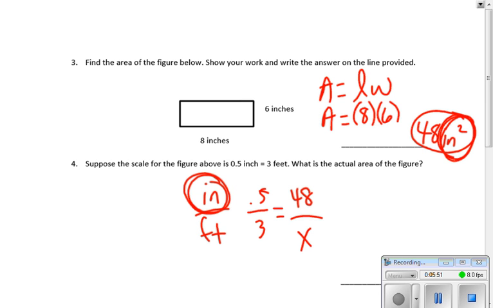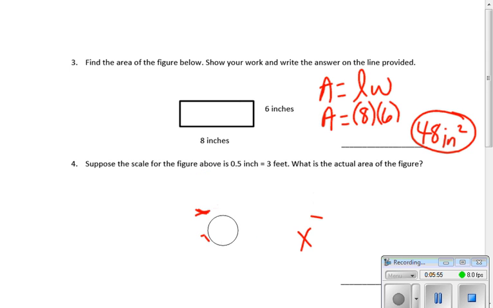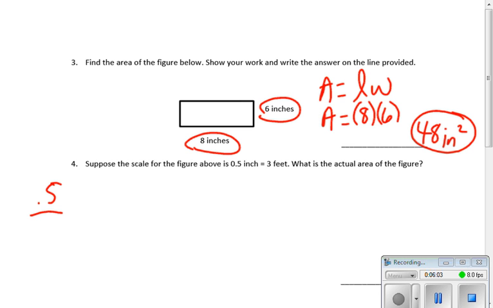It's inches squared. So you cannot use this scale with the area. You're going to have to do it for each side. So 0.5 over 3, that's inches over feet, equals 8 over x. When you cross multiply and solve, you'll end up with x equals 48 feet.